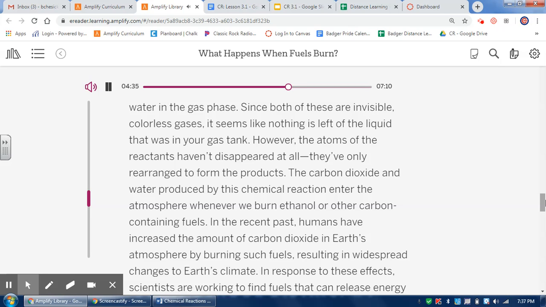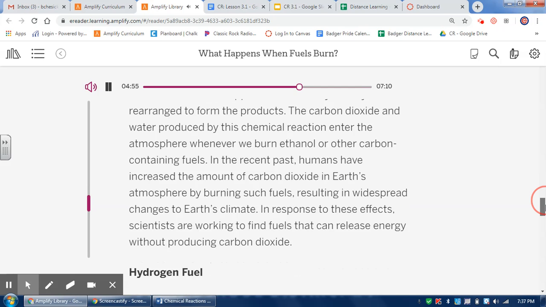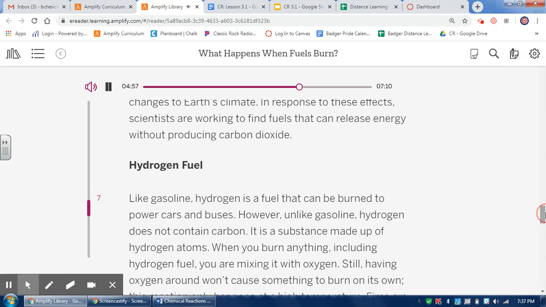The carbon dioxide and water produced by this chemical reaction enter the atmosphere whenever we burn ethanol or other carbon-containing fuels. In the recent past, humans have increased the amount of carbon dioxide in Earth's atmosphere by burning such fuels, resulting in widespread changes to Earth's climate. In response to these effects, scientists are working to find fuels that can release energy without producing carbon dioxide.